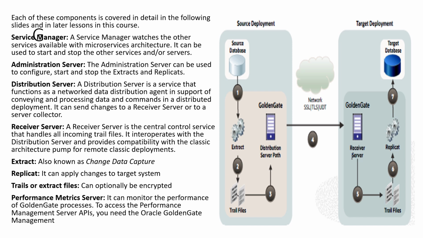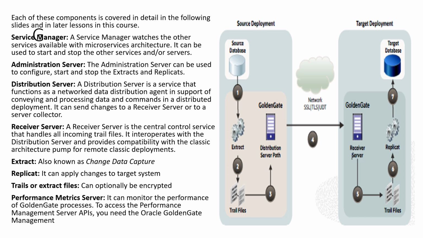Now, what is new is the performance metric server. The performance metric server provides an interface. I told you everything is now on the web. It is a web service now. It will monitor the performance of all the GoldenGate processes, like how fast the extract is, or how many inserts, updates, and deletes it is doing per second. Earlier, we used to find this through different dictionary views, right?